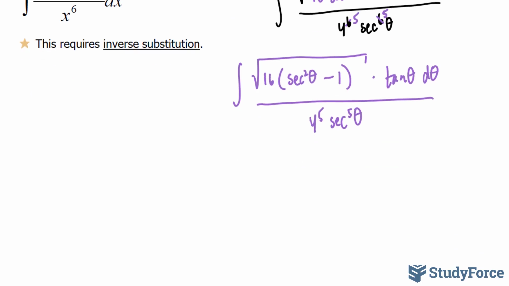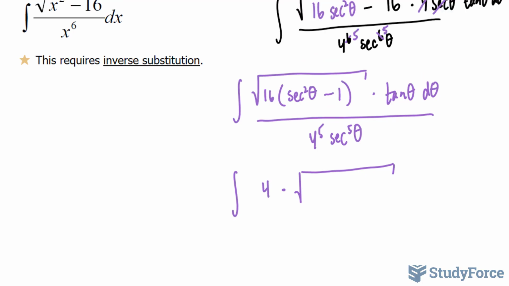Now remember, if you have a product underneath a radical, as we do here, we have 16 times secant squared theta minus 1, the radical can be distributed to each of those components. So I can distribute this radical, this square root, to the 16, which becomes 4. And I can also distribute this radical to the secant squared theta minus 1. So I'll do that in the next step. So 16 square rooted is 4 multiplied to the square root of secant squared theta minus 1.